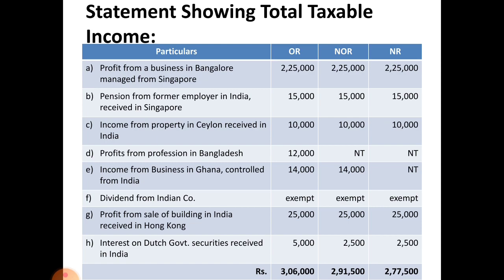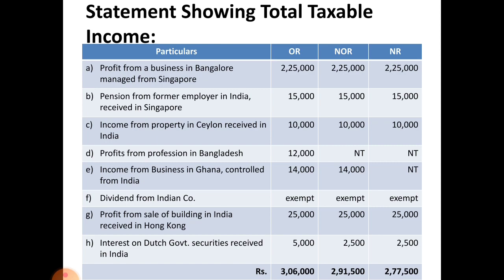See the solution here. Statement showing total taxable income. Again 4 columns, 1 particulars and 3 amount columns. The 3 amount columns relate to ordinary resident, not ordinarily resident and non-resident. Items you have to write in the particulars column.